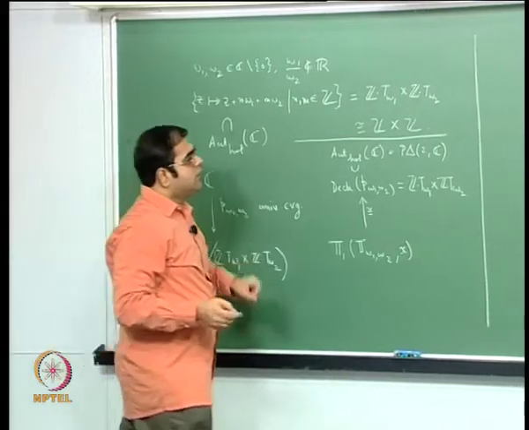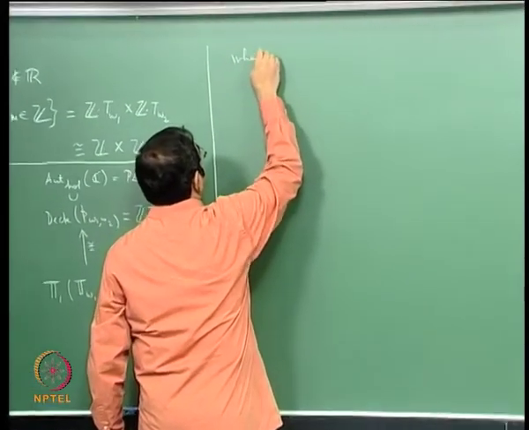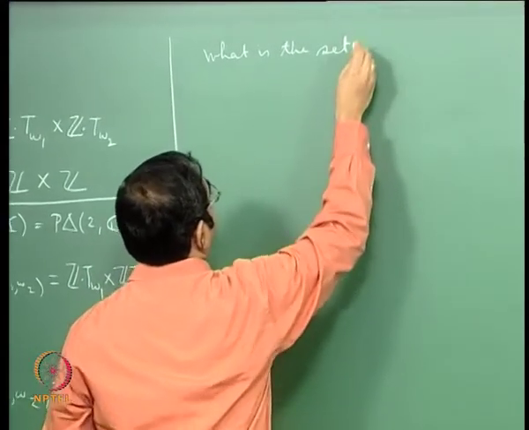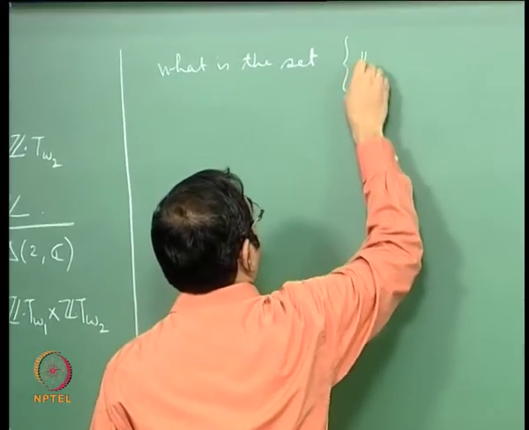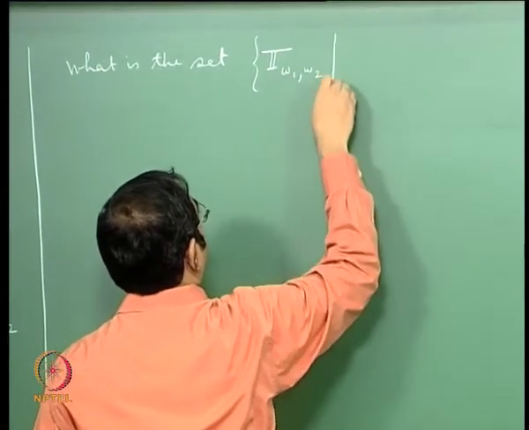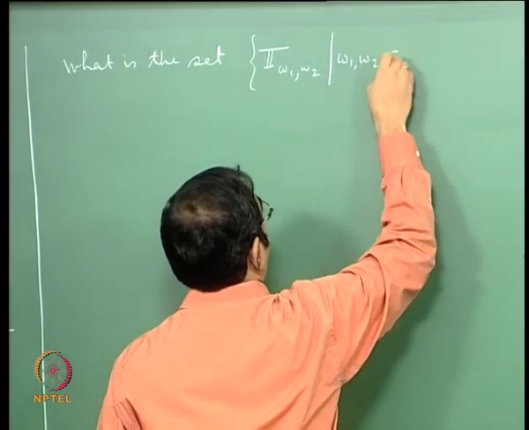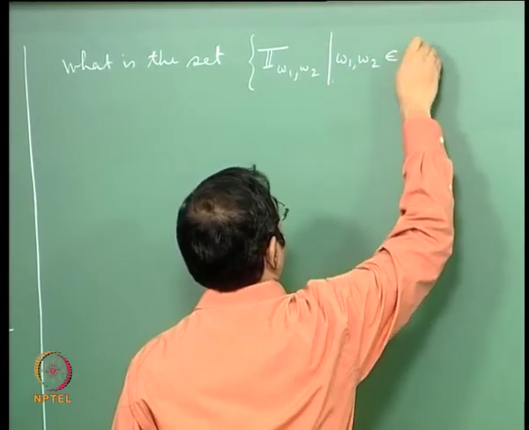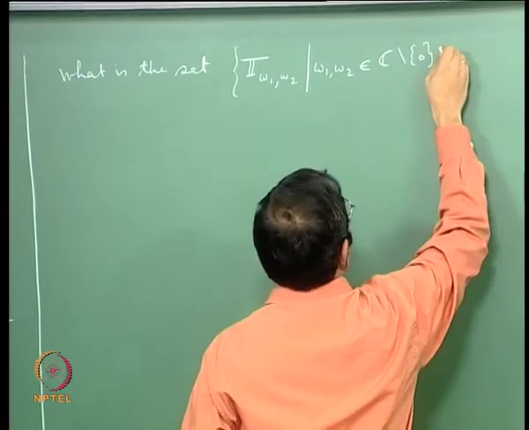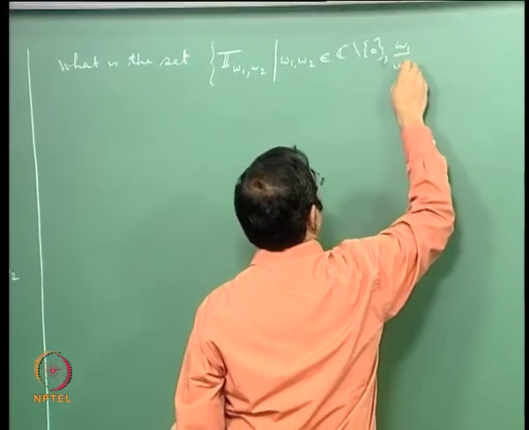So the question is, what is the set of all complex tori T sub omega 1 comma omega 2, where omega 1 comma omega 2 are non-zero complex numbers with non-real ratio omega 1 by omega 2?